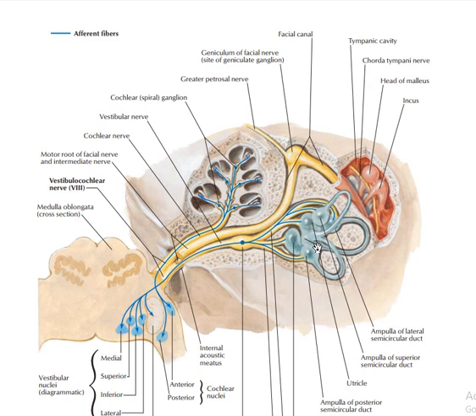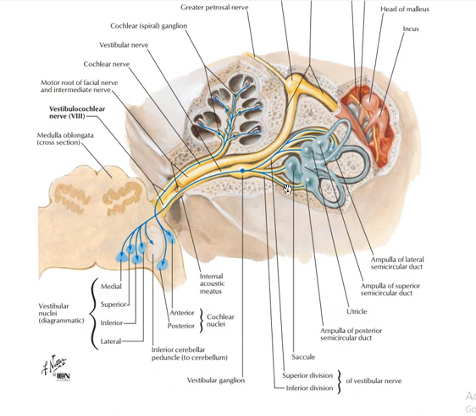The posterior and the lateral semicircular canals are going to have a point of junction, which is going to be one ampulla. So all of them have five ampullae in all. Now, at the lower portion, you have the saccule and the utricle. The saccule and the utricle are there for static balance.